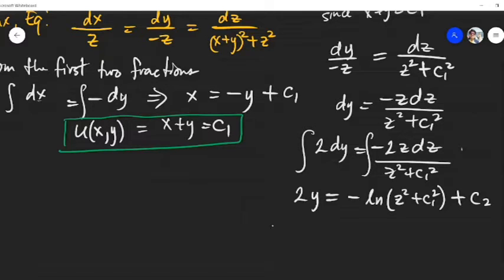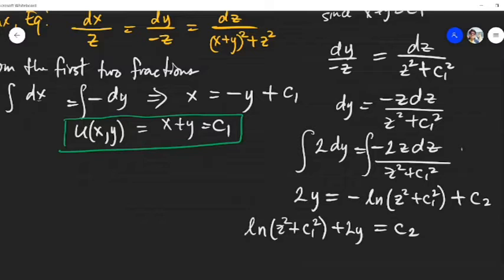So we have, let's add this here, ln of z squared plus c sub 1 squared plus 2y is equal to your second arbitrary constant. And as you can see, this is not an expression or a function of x, y, z.